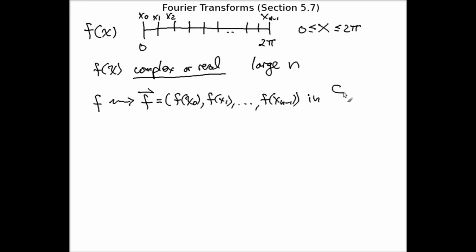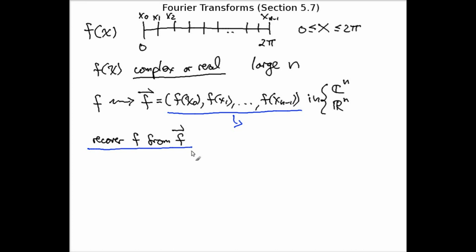And this is either in C^n or R^n, depending on whether f is a real or complex valued function. And this is all I know about f. This is the information that I store in the computer. And what I want to be able to do is, to as great an extent as possible, recover f from this value vector.